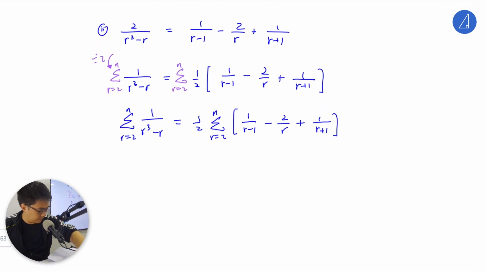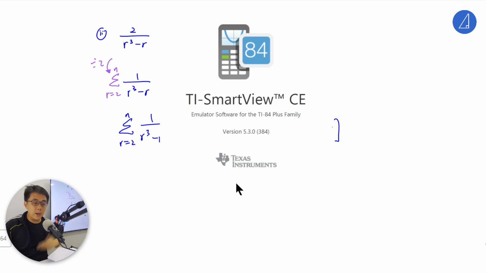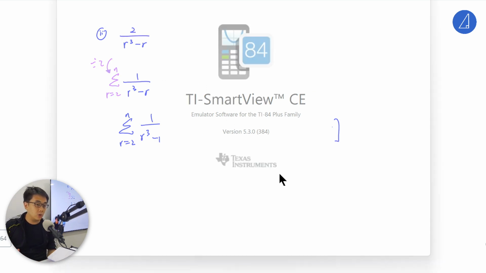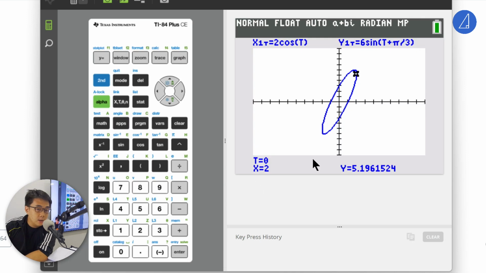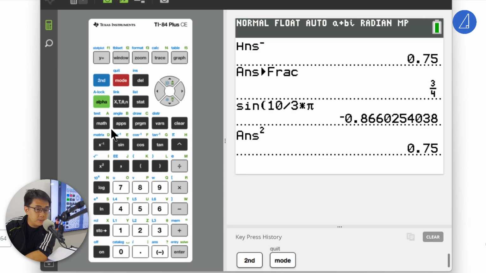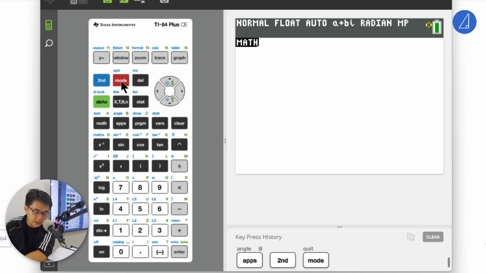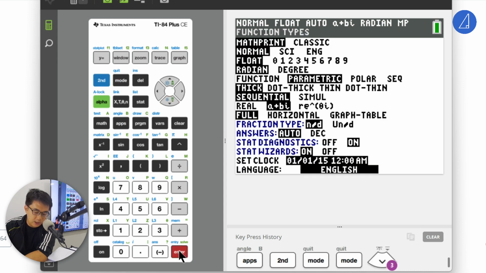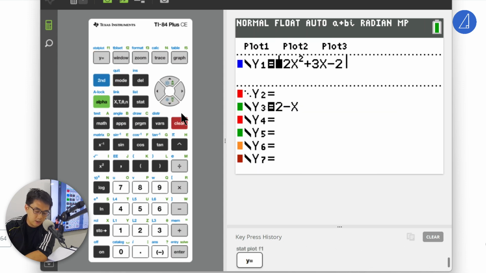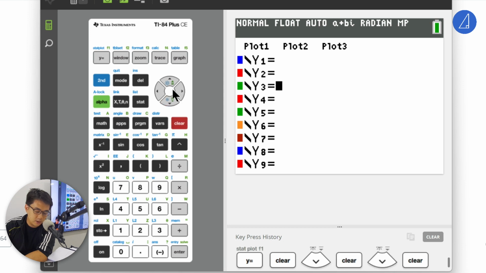Expand and just see. For sigma notation, you must understand that it is one of those topics you can use your calculator and check your answer. So please make sure you know how to check. If you are lazy like me or you just want to be safe, you can also key in this to expand your sigma notation, your series.